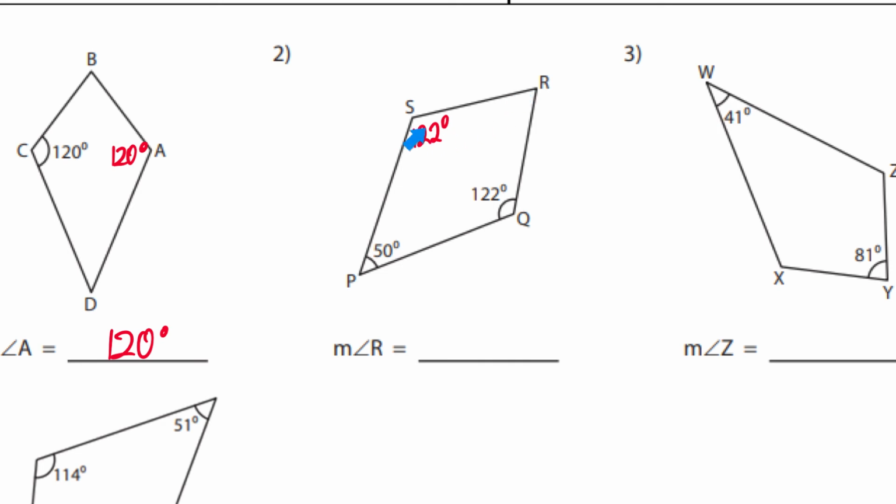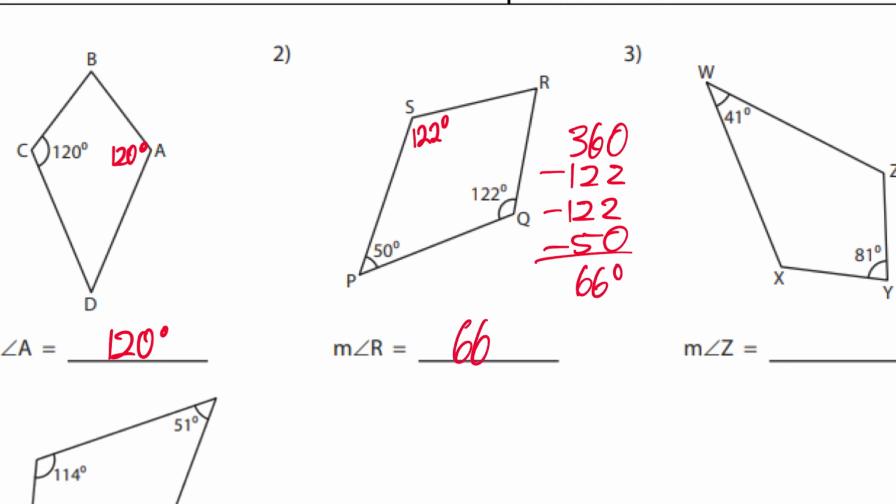Now to find angle R, since we're dealing with a quadrilateral, what do the 4 angles add up to? 360, exactly. So I would go 360 minus 122 minus 122 minus 50. What does that give you? Yep, 66.